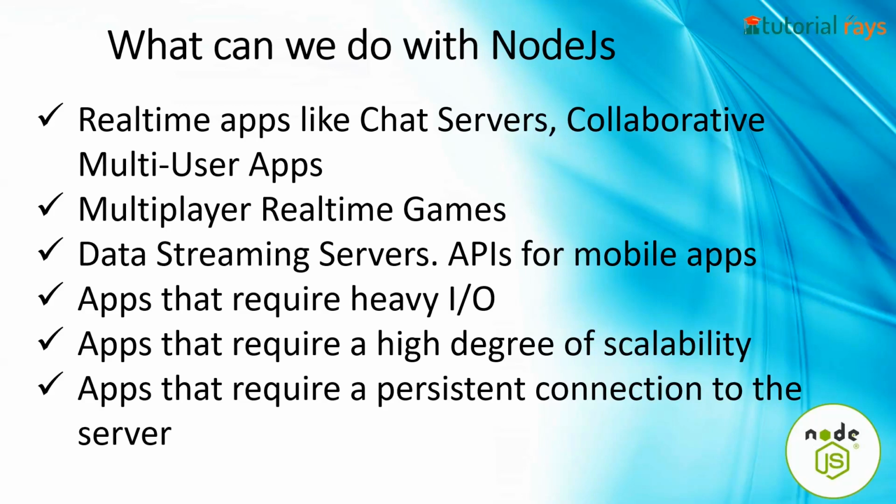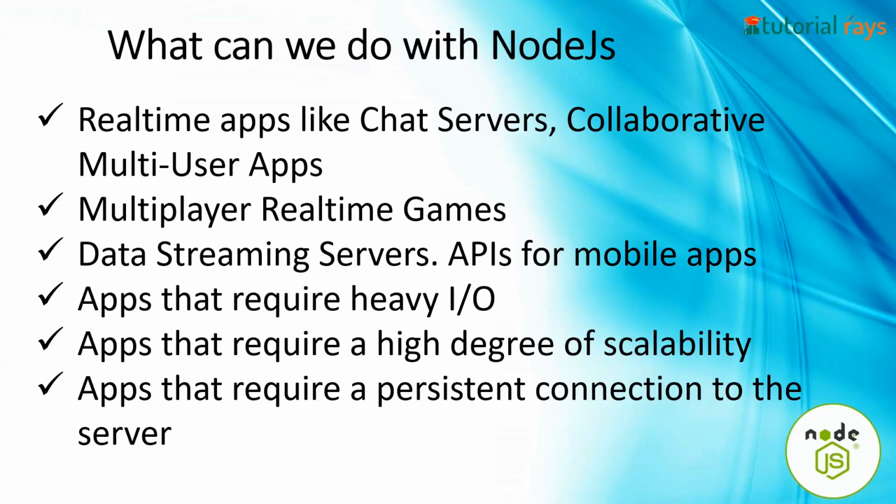Apps that require heavy IO. That means websites and mobile apps which require heavy IO, where millions or thousands of visitors visit all together. For example, Amazon, Walmart or Flipkart. You can understand this during Big Billion Days or such festive seasons, when a lot of users connect all together.